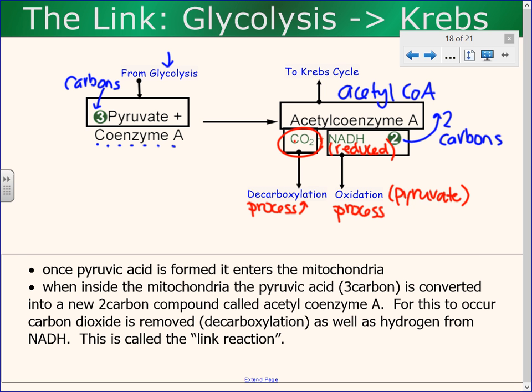And so down here I have the text that basically says what this reaction is showing. Once pyruvic acid or pyruvate is formed, it enters the mitochondria.